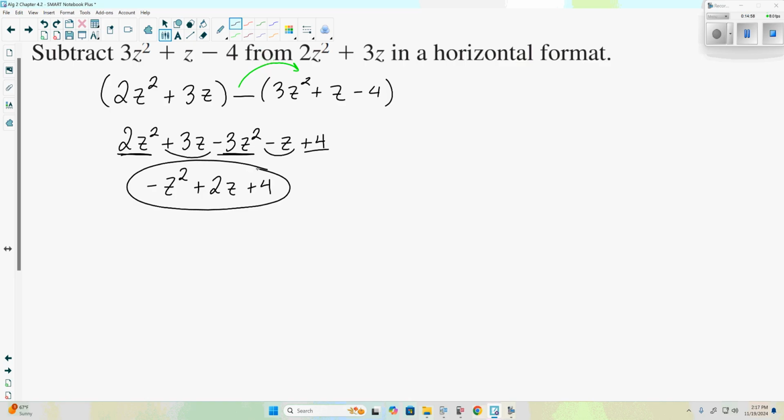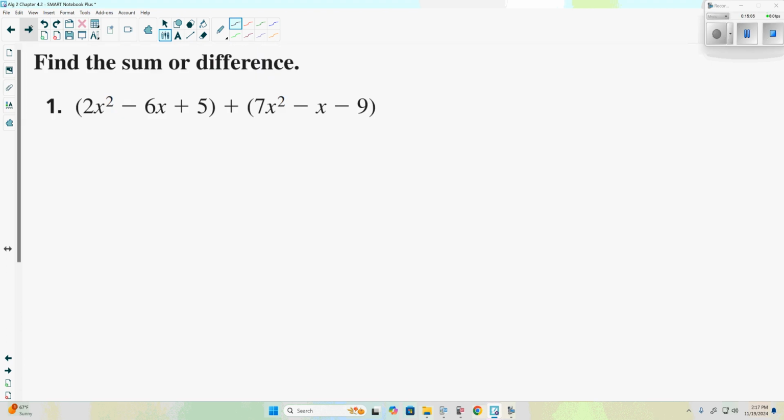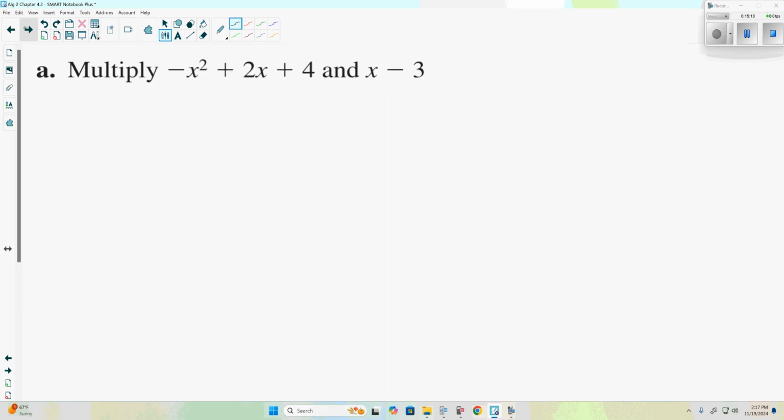We need to see another example of how to subtract. Because luckily for us, all the problems on the homework are going to show up like this. Not an actual word form subtract. Yeah, you just do the addition or subtraction. Multiplication is next.